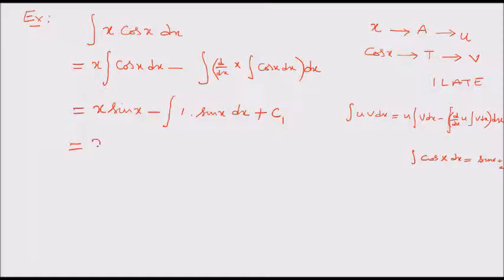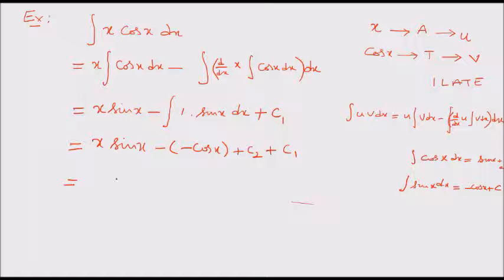Further, x sin x minus integration of sin x. What is integration of sin x? Minus cos x. So, what will be the output? Minus cos x plus c2 plus c1.